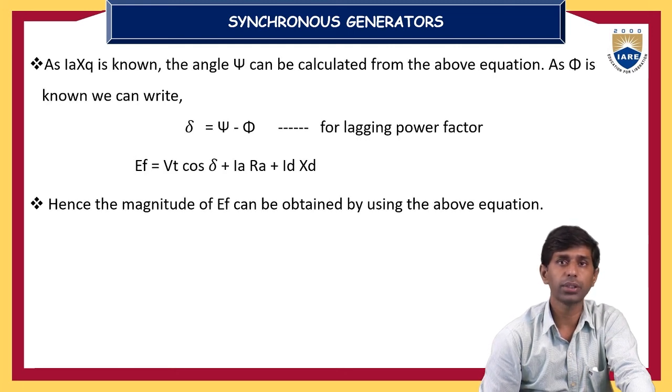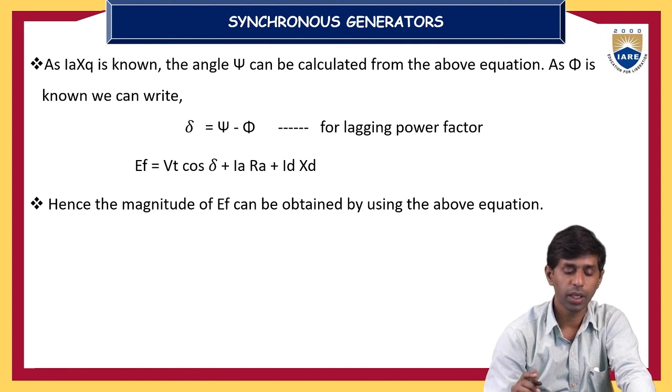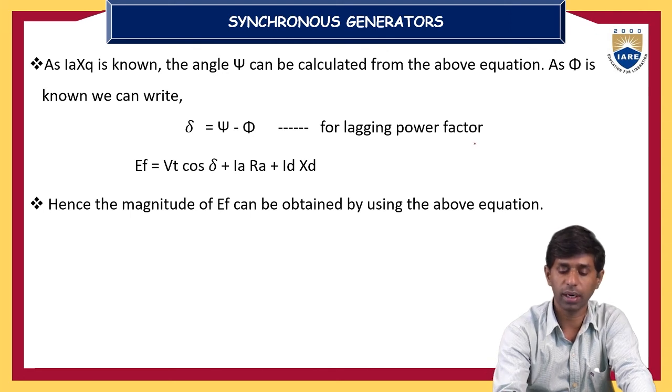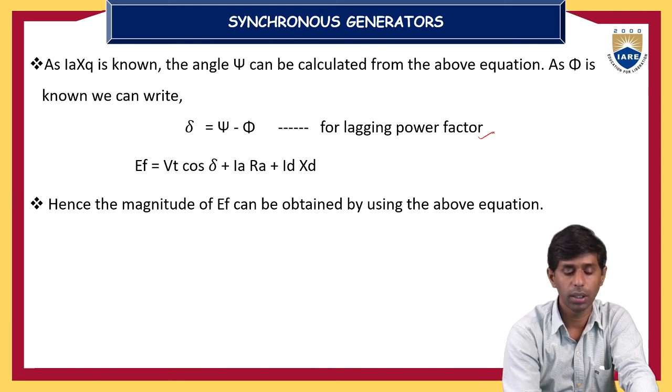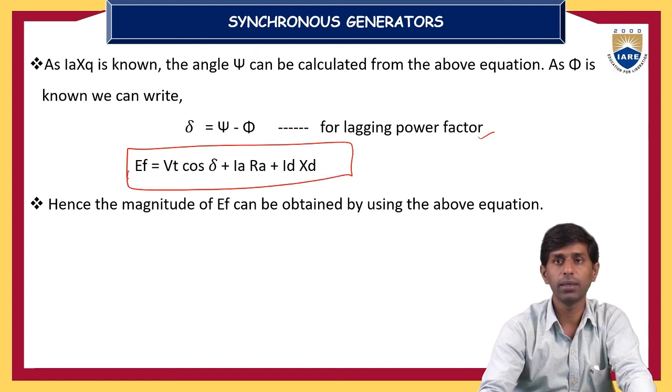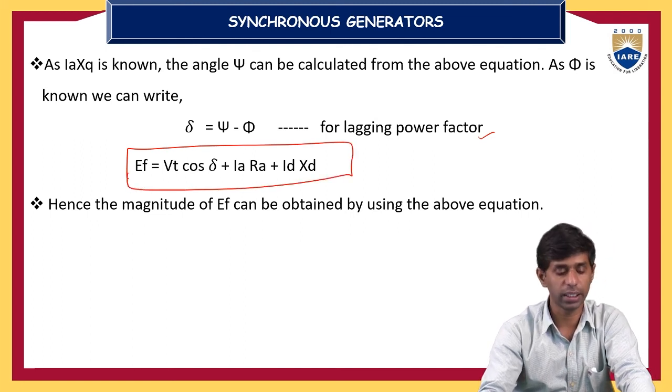As IAXQ is known, the angle psi can be calculated from the above equation. As phi is known, we can write delta is equal to psi minus phi for lagging power factor loading conditions. Hence, EF is equal to VT cos delta plus IARA plus IDXD.